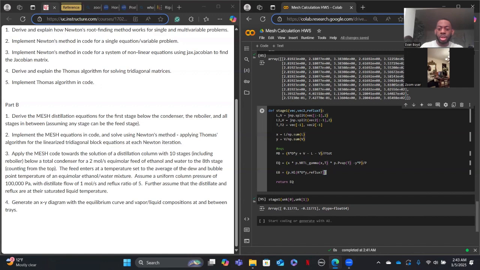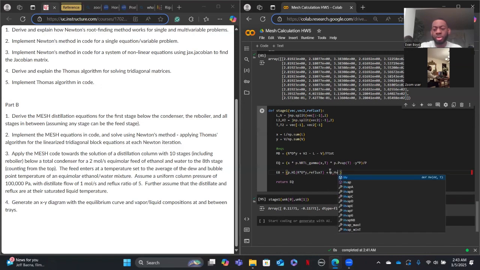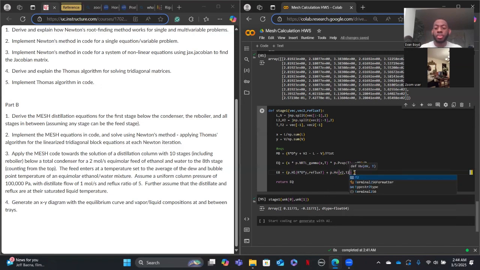Then next add the vapor V2. Oh, I forgot to put that here as well. Good thing I got that. The V2, so it'd be the vapor V2 and then T2, the temperature coming from the stage below.